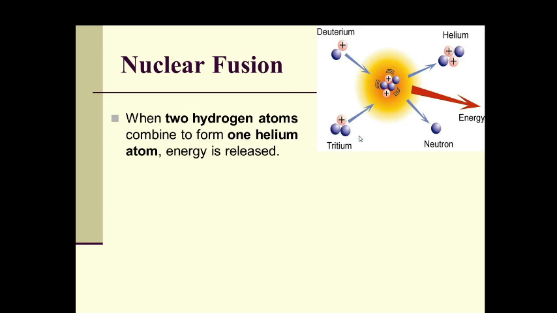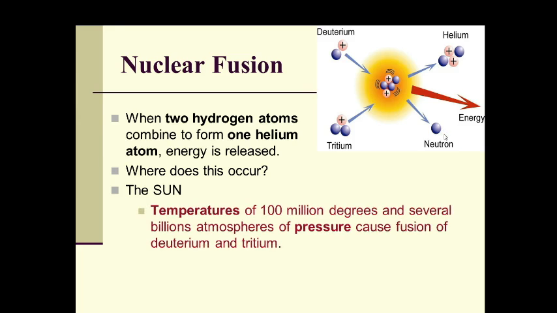If you look at fusion, you can take two hydrogen atoms. So deuterium and tritium are both hydrogen atoms. They differ by the number of neutrons in the nucleus. You get out helium, energy, and a neutron. This occurs, as I said, in stars like the sun.